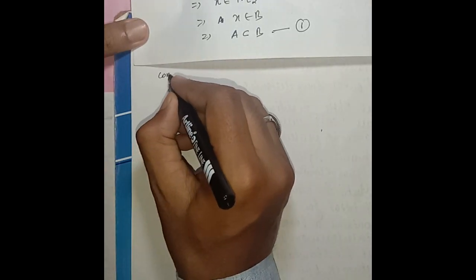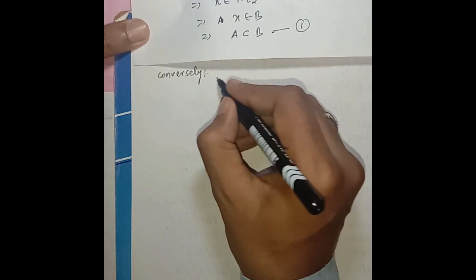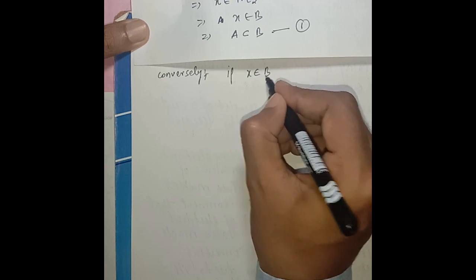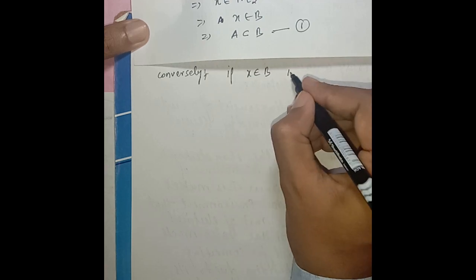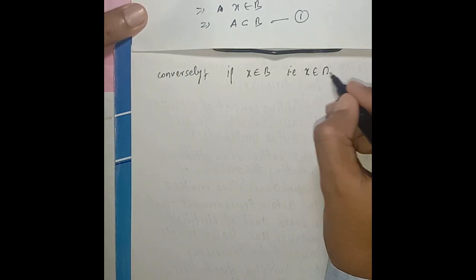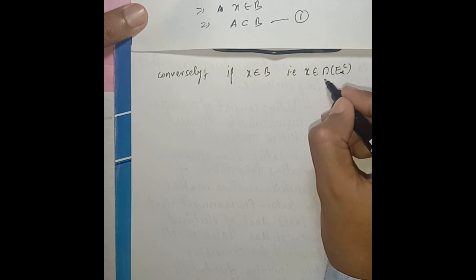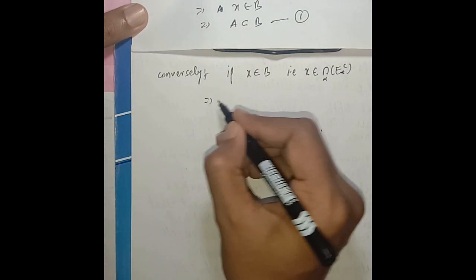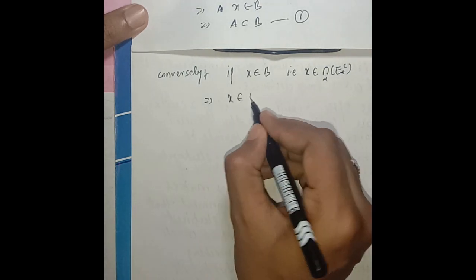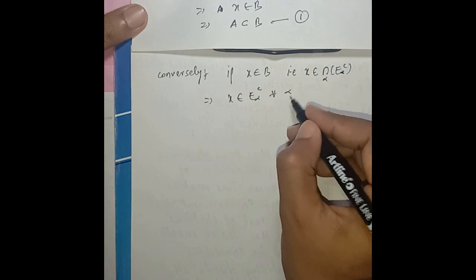Now conversely, if x belongs to B, that is x belongs to the intersection of the complements of E alpha, this implies x is in the complement of E alpha for every alpha.